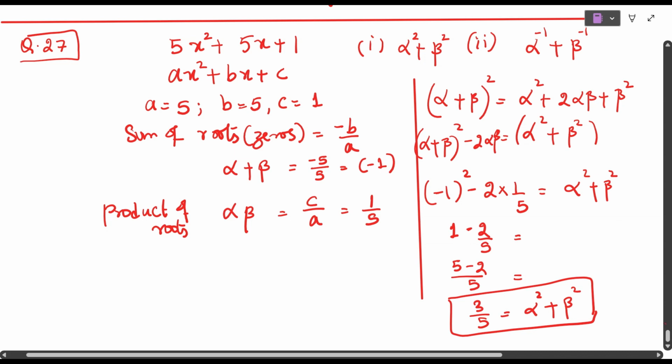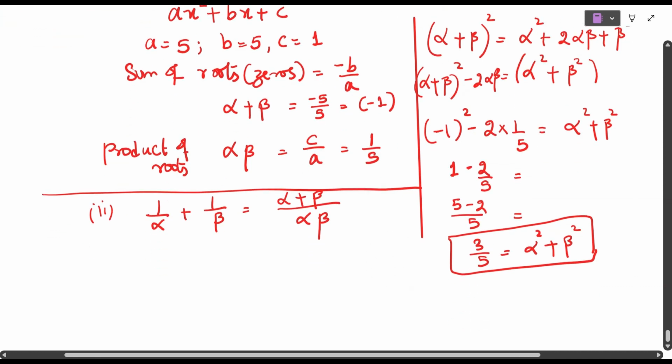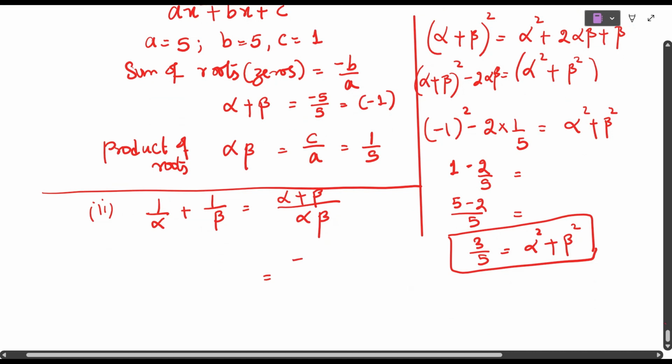And the second part is alpha to the power minus 1, which means you can write 1 by alpha, and 1 by beta. Now take LCM. You will get alpha beta in the denominator and alpha plus beta in the numerator. So apply the values here, students. Alpha plus beta is minus 1 and alpha beta is 1 by 5.